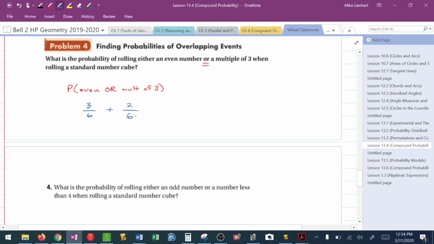One of the numbers that we counted even and one of the multiples of 3 are in both of these probabilities. So we've got to take off that one that's in common. And that number is 6. 6 is even and 6 was a multiple of 3. So I take that one off and I end up with 4 out of 6, which reduces to 2/3.